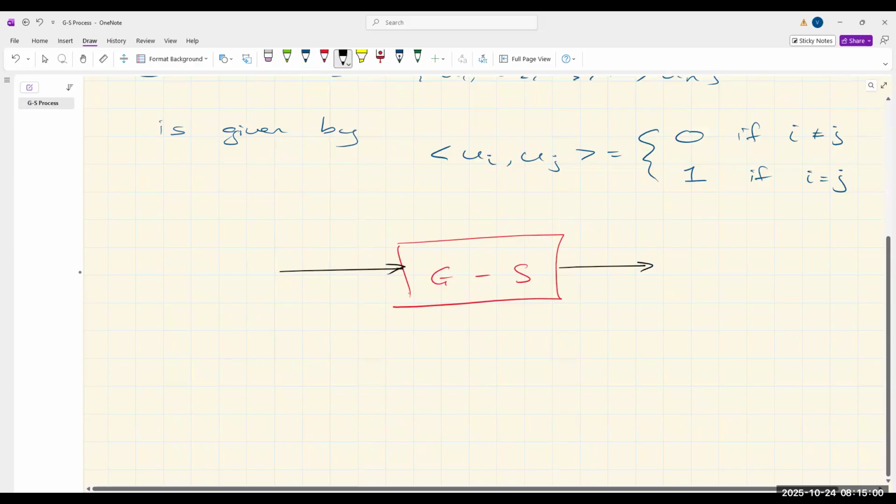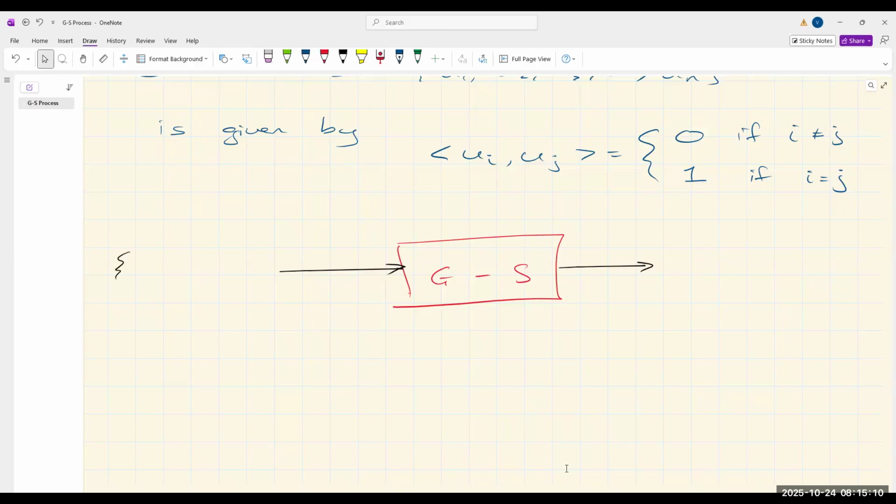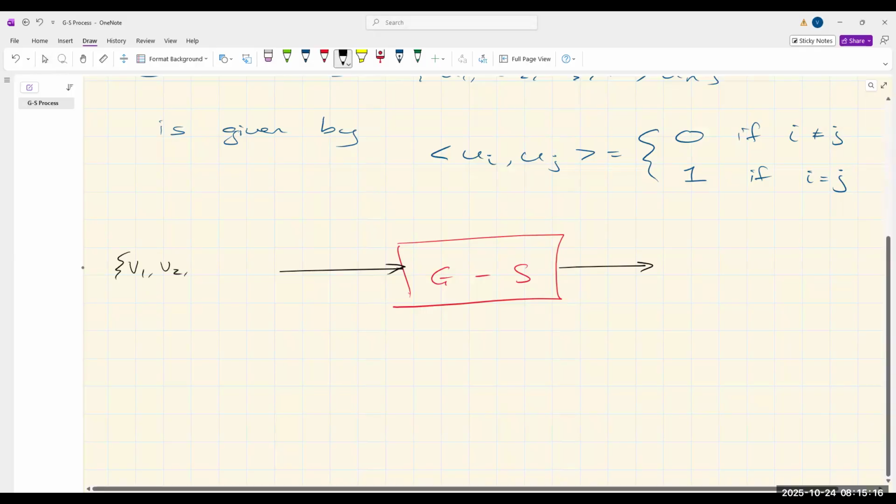So all we need for this input is, I think they were using V's. Let me just check that. Yeah, so we'll stick to what is written in the course notes. So our input are V's. Okay, and this set does not have to be a full basis.